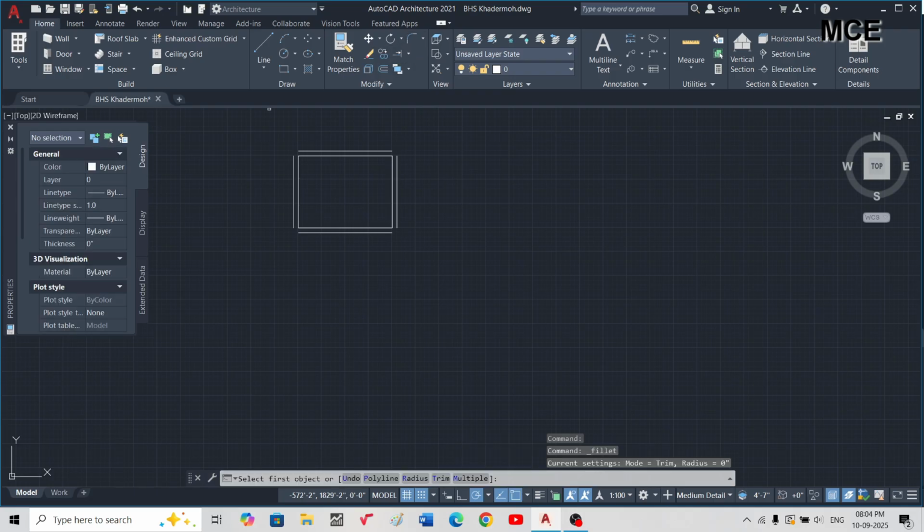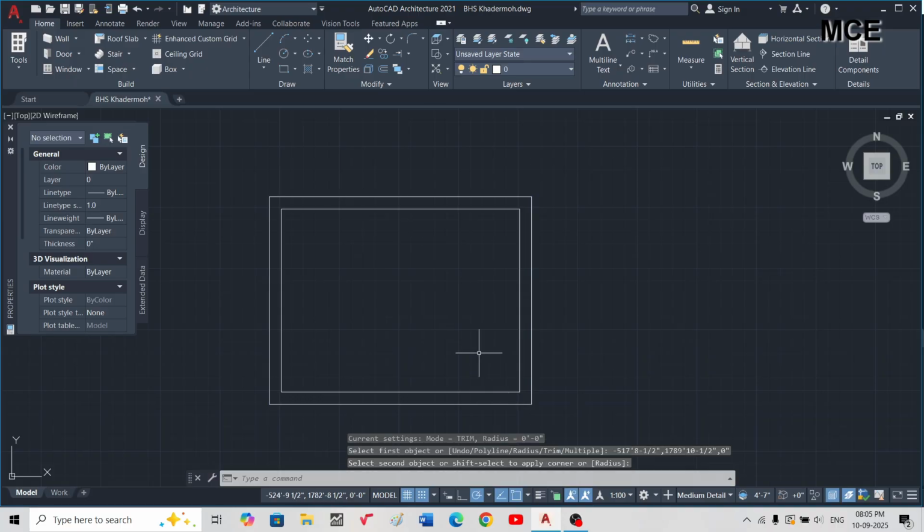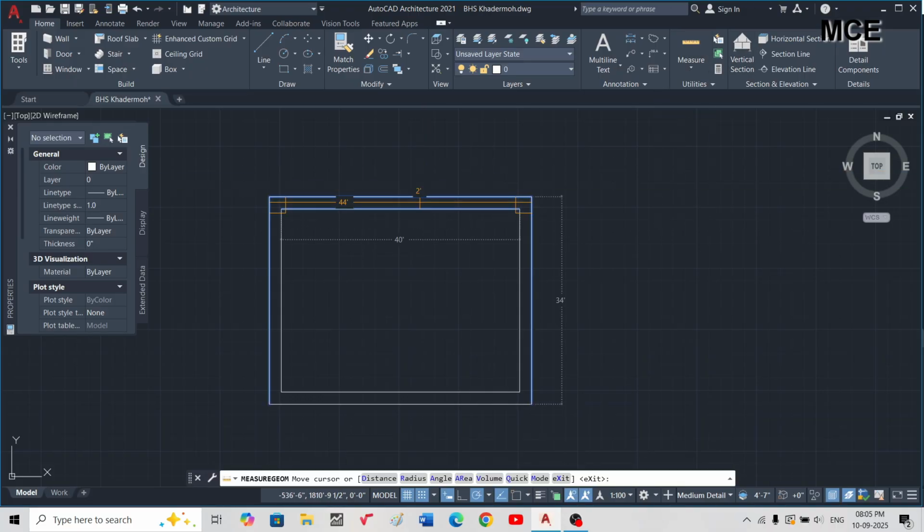Now connect these lines using the fillet. So this is my exterior truss plan, which is exactly 44 feet by 34 feet. This is the exterior truss plan.